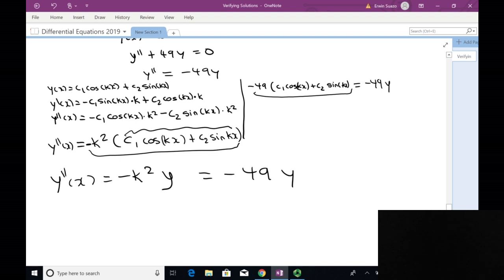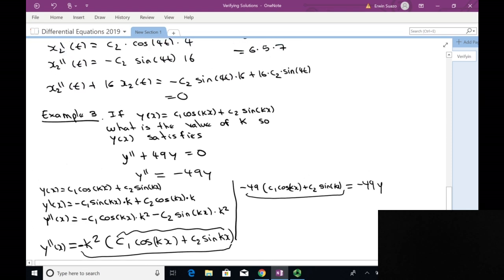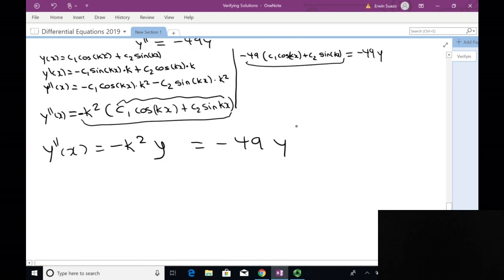Any ideas? So basically, what is our job? Our job is to find k, right? So we need to solve these. For example, I can move one to the other side.